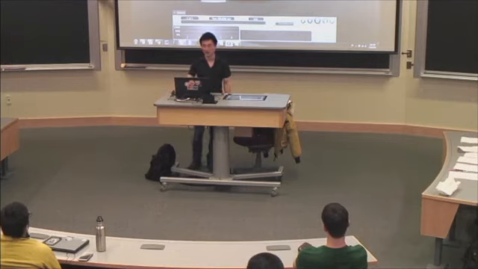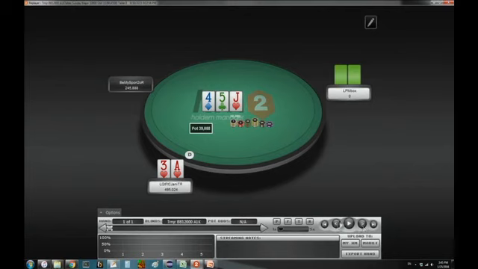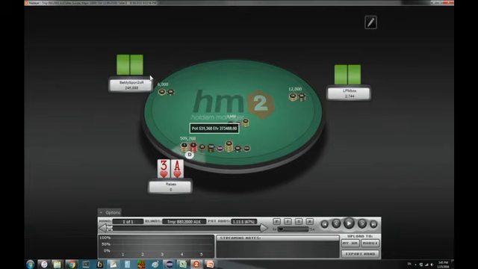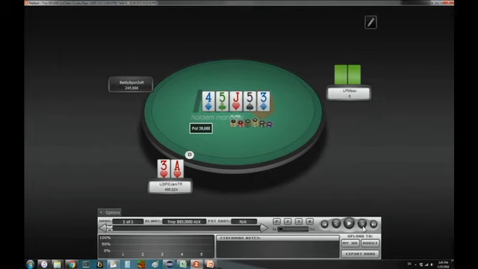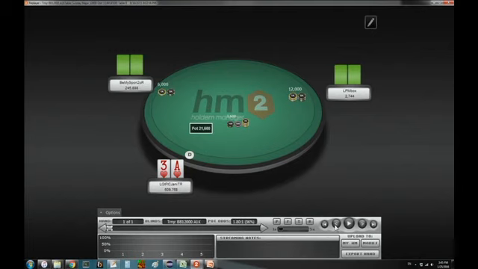So yeah. So once again, I go all in because this guy probably can't call. So we win against ace queen, which is kind of crazy that he picked up ace queen with one big blind, but we do win.